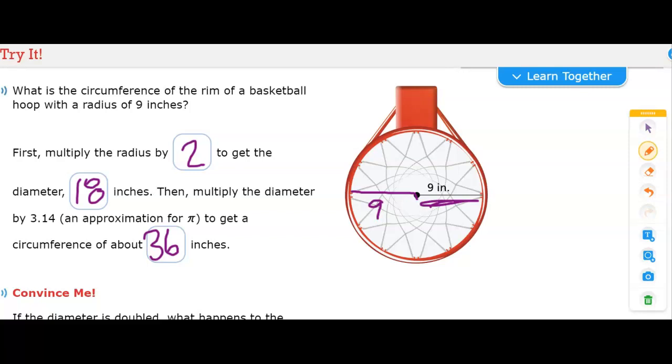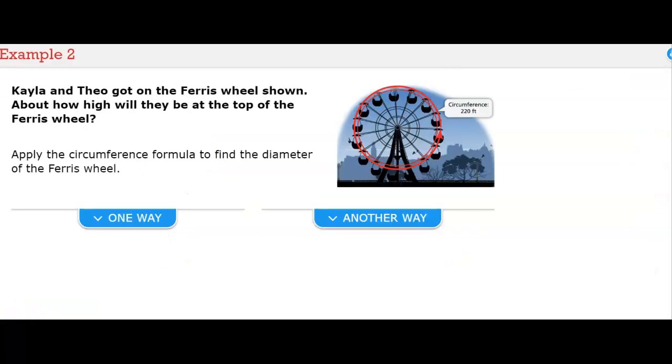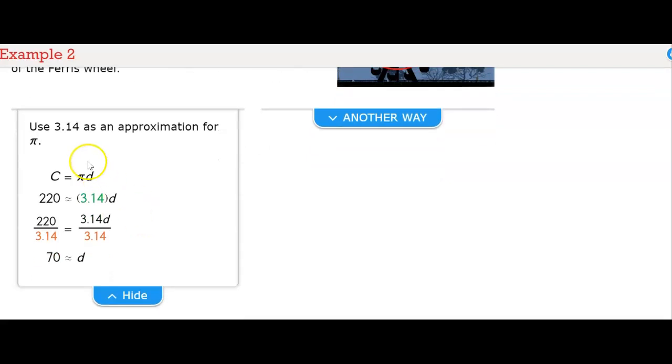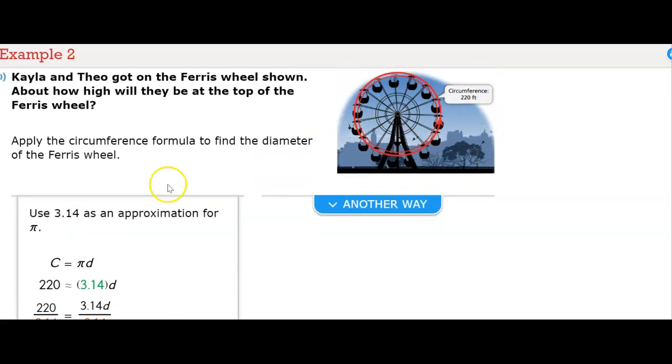And that's it. Kyla and Theo got on the Ferris wheel shown. About how high will they be at the top of the Ferris wheel? So we use the circumference formula to find the diameter. C is equal to pi times d, which is diameter. The circumference is 220. That's what they gave us here.